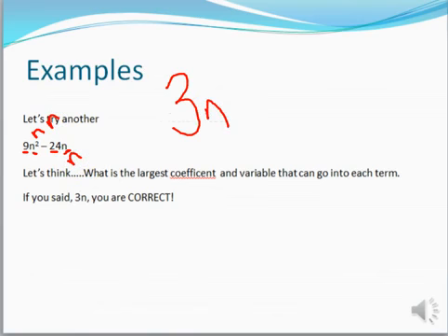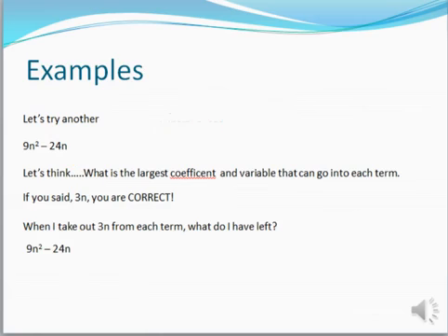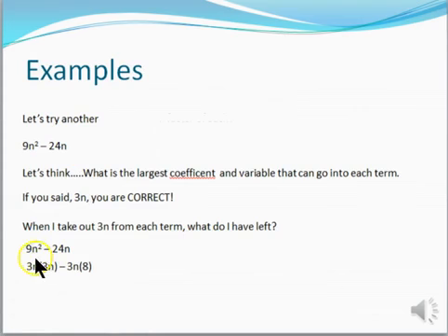Okay? So when we take that 3n out, 9n squared divided by 3n, I'm left with 3n. And 24n divided by 3n leaves 8. We end up with 9n squared minus 24n, which is our original equation. 3n times 3n gives me 9n squared, minus 3n times 8, right?